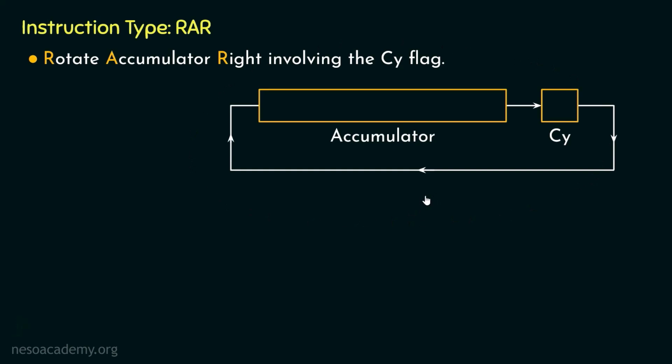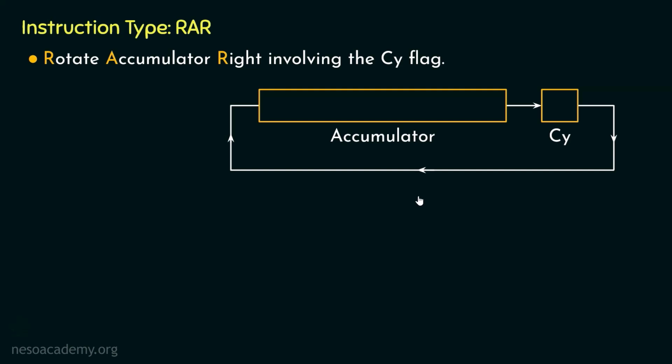Notice, it is just the opposite of the instruction type RAL which we have learnt in the previous session. Now if you observe carefully, here the least significant bit of the accumulator after the execution of the instruction RAR will be shifted into the carry flag. And whatever the carry flag is going to hold prior to the execution of the instruction type RAR will become the most significant bit after the execution.